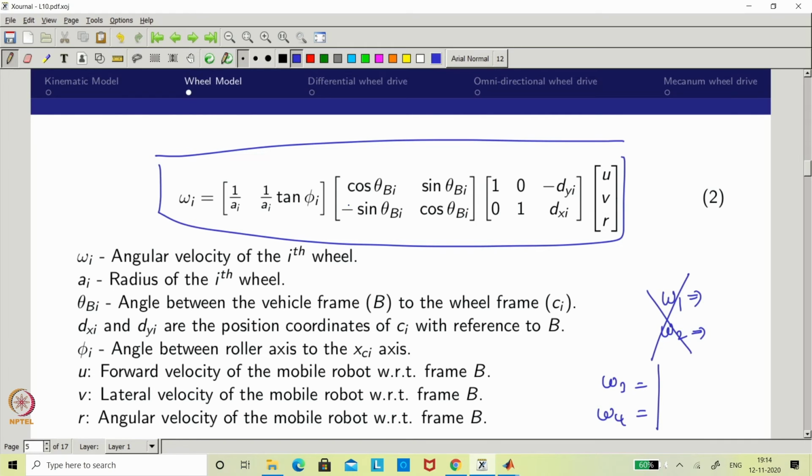But what I can do is bring it in as xci dot and yci dot. So then you have merged this, and this equation won't come. Now this is equal to xci dot and yci dot, right? This is what is important. If I know this equation, I can do it.